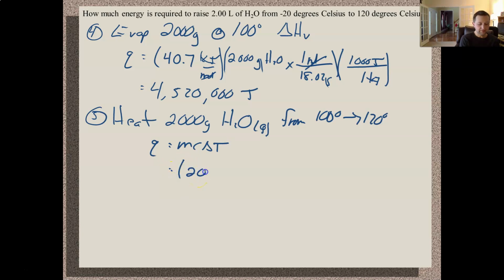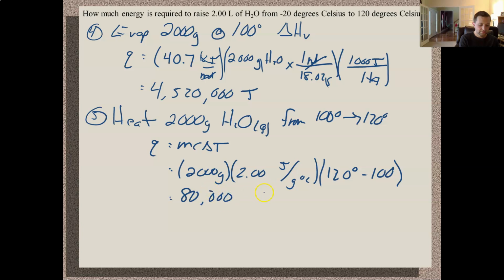You have 2,000 grams. Your specific heat has to be for water in the gas state, which I looked up. It's 2.00 joules per gram degree Celsius. And your delta T is 120 minus 100, T final minus T initial. Plug it in your calculator, and you end up with 80,000, I'll put a line over that to give it an extra sig fig, 80,000 joules worth of energy.